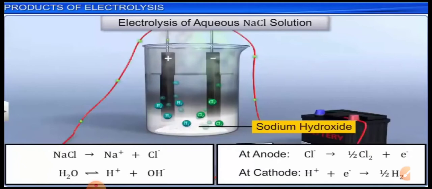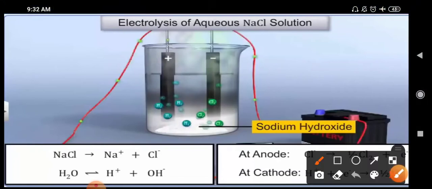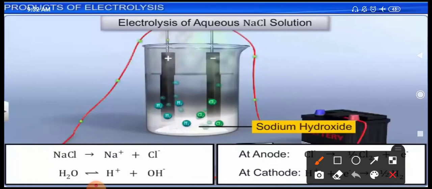Practically here we observe two reactions. First one takes place at the anode. It is an oxidation of chloride ion, and at the cathode we will observe reduction of hydrogen and not sodium. So actually here two chemicals will react.